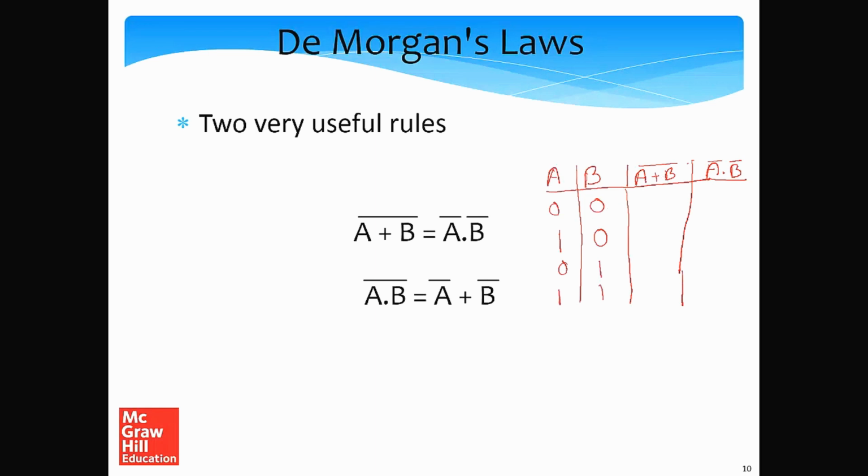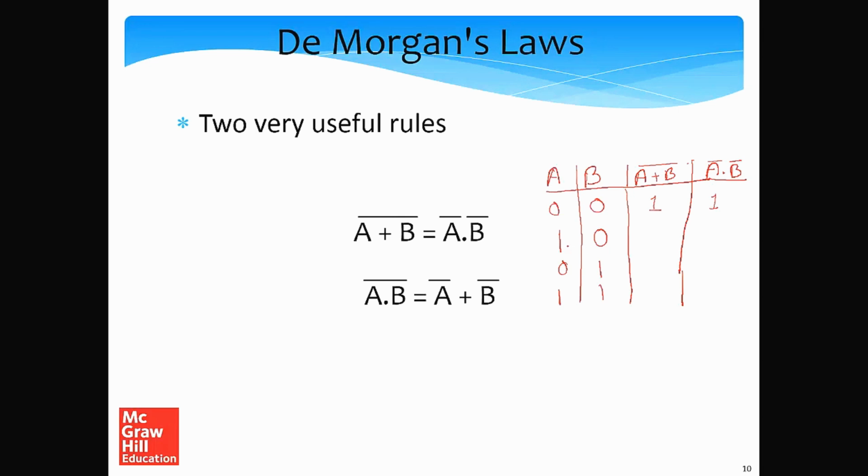So 0 and 0: A or B, when both are 0, is 0, so the complement of 0 is equal to 1. A complement is 1, B complement is 1, so 1 and 1 is equal to 1. So both of them match, which is fantastic.